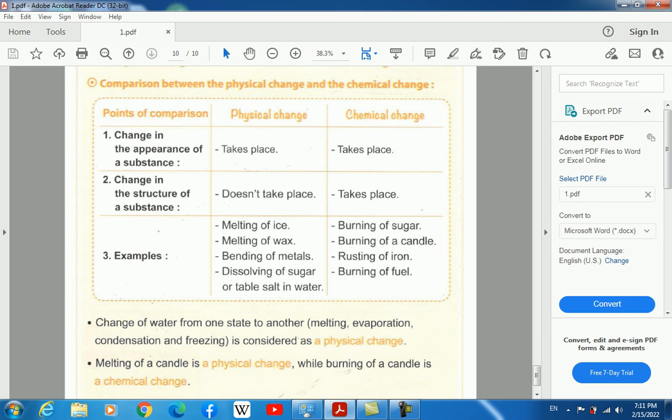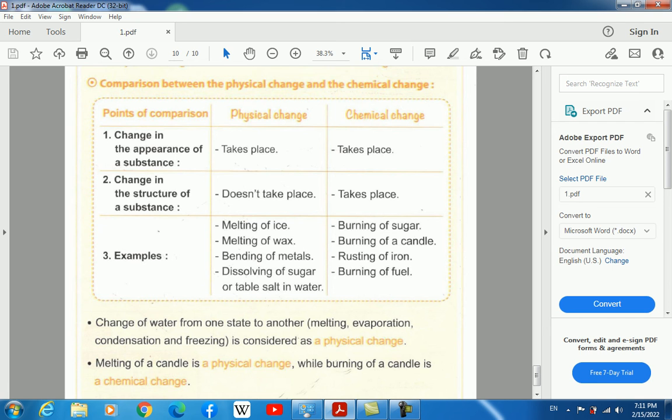Then we start comparing physical change and chemical change. What are the main points of comparison? One, the change in the appearance of a substance. For physical change, it takes place, and for the chemical change, it takes place also. Number two, the change in the structure of the substance. For the physical change, it does not take place, but for the chemical change, it takes place and it happens.